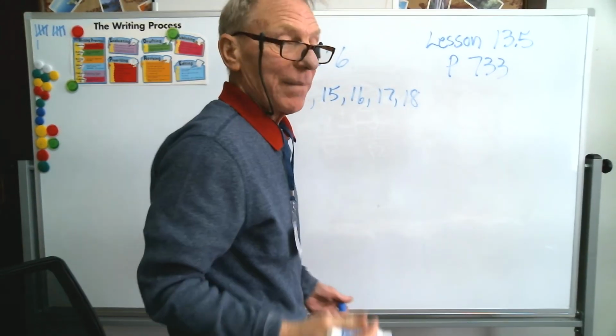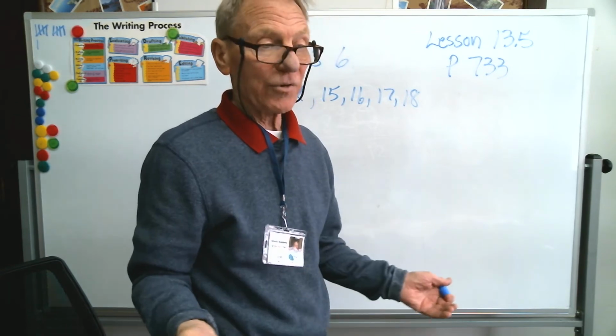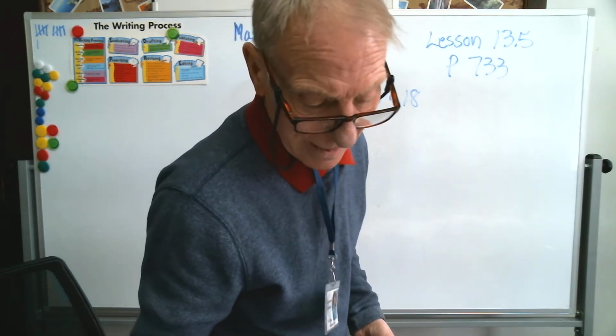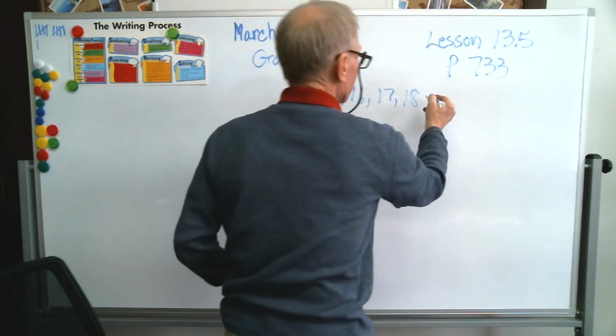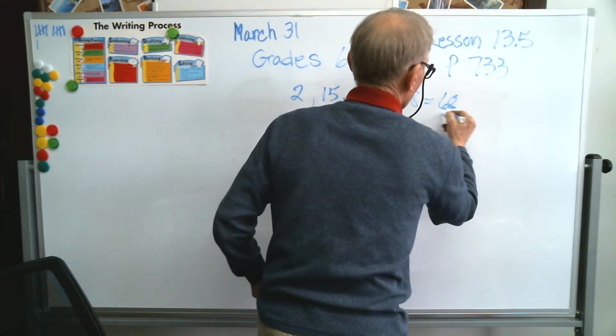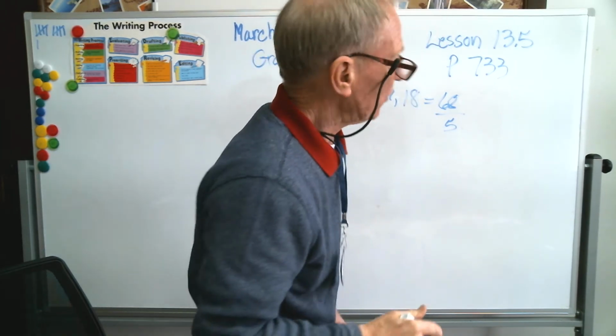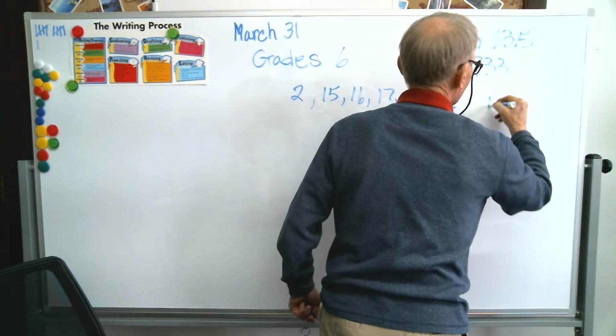Now, to find the mean, we add those numbers all together and divide by 5. That comes out to 68. We divide that by 5, so our mean is 13.6 feet.